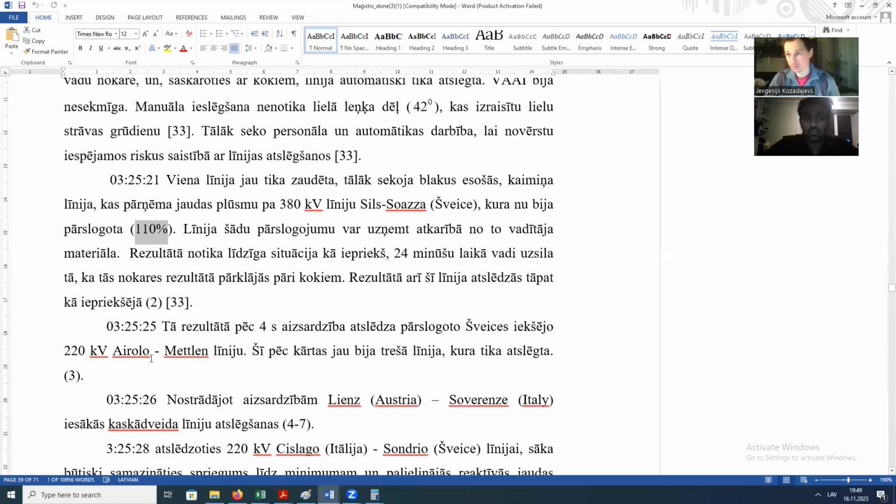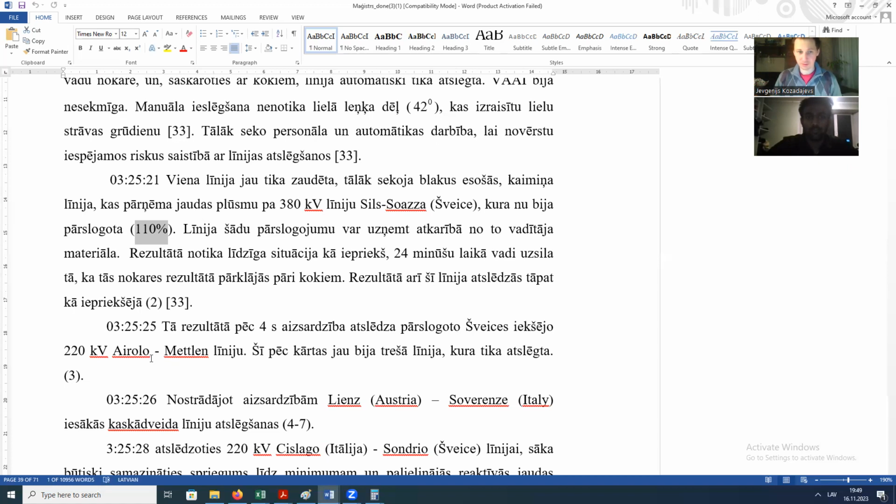And how does it happen? We still have the same demand in Italy, but we have disconnected 2 lines. It means that all other lines that are still in operation should continuously transmit the same amount of the deficit.